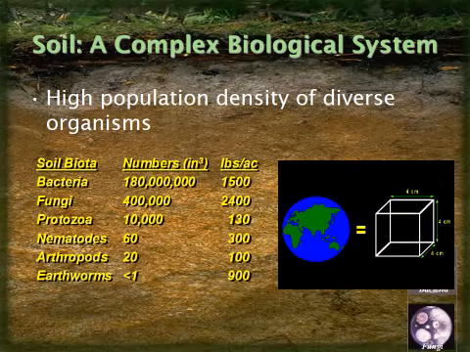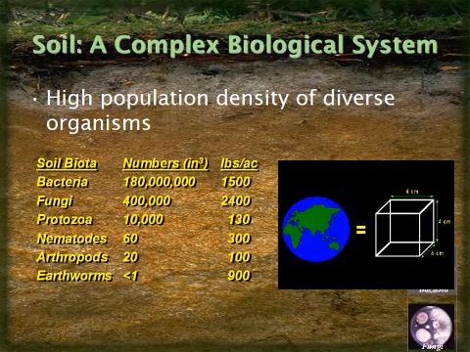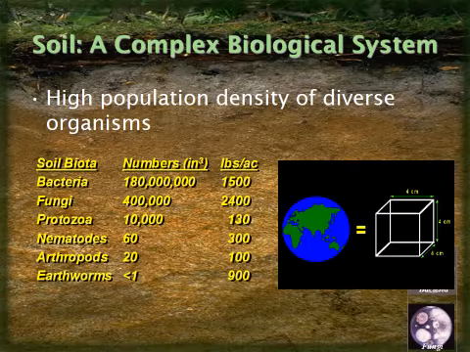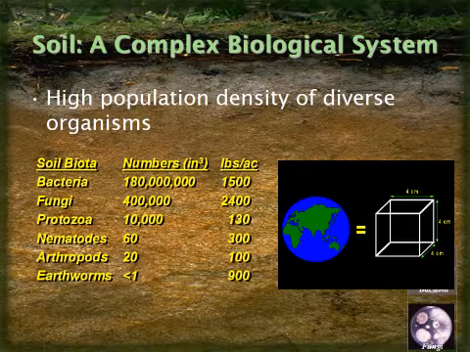The other ones are protozoa, nematodes, arthropods, and earthworms. Now, one of these that really enters into the conversation in agriculture is nematodes, because a lot of the time we'll have problems with them.